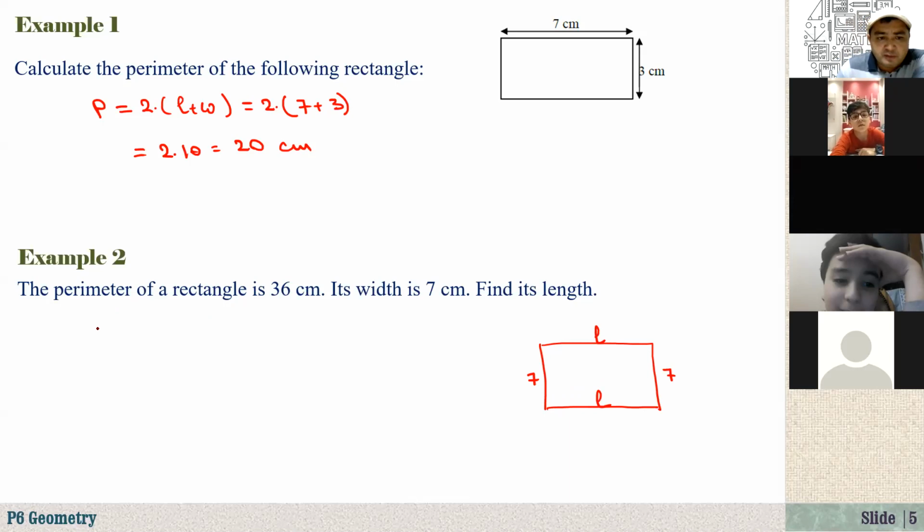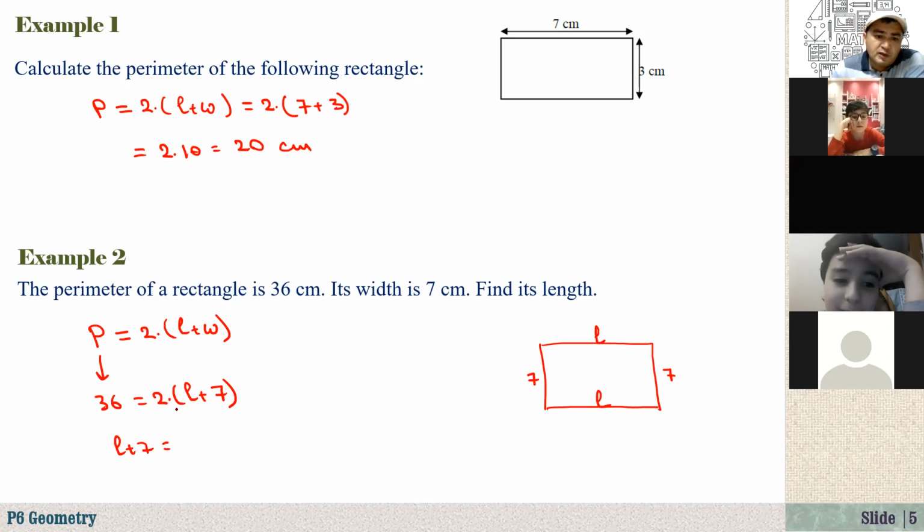So how do you find the perimeter? Let me write the formula first. Perimeter is equal to 2 times length plus width. Now if you substitute, do we know the perimeter? Yes, that is 36 equals 2 times length plus width, and the width is given, 7. So 2 times (L plus 7) equals 36. Now, what is L plus 7?